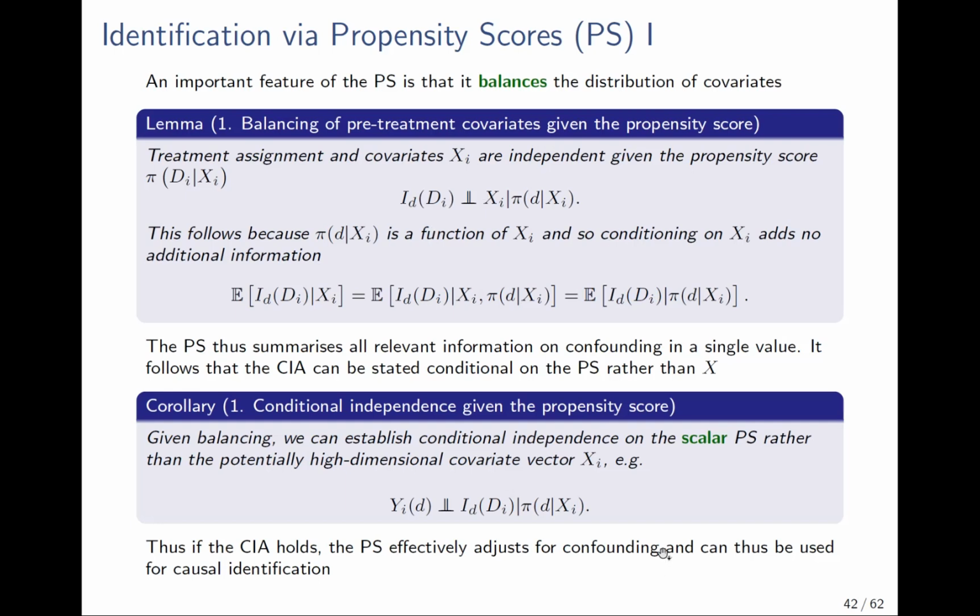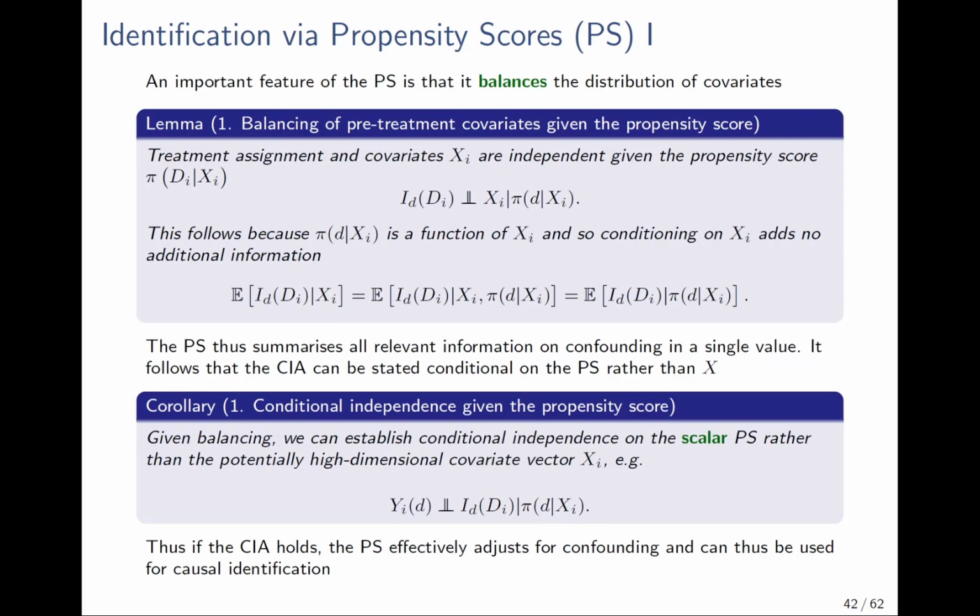Then we can establish conditional independence on the scalar propensity score rather than the potentially high-dimensional covariate vector x. So this is the conditional independence assumption, but we have replaced x, a potentially high-dimensional vector, with a propensity score, which is just a scalar value.